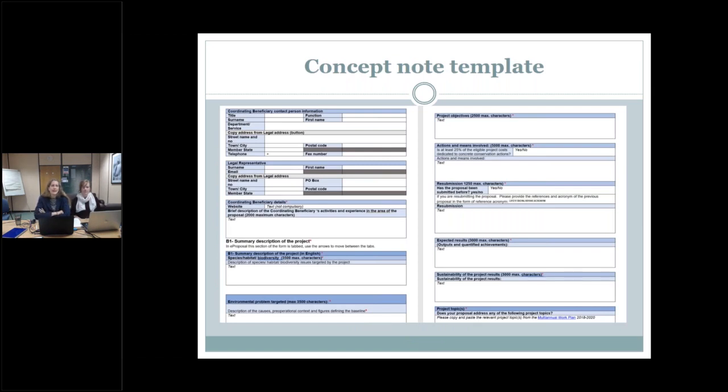So this was the overview of the project budget, the R1 form. Here's a template of the concept note form, which you might find on our website. We have modeled it on the Commission's e-proposal system. This is the form you will have to fill in when you're submitting an application.